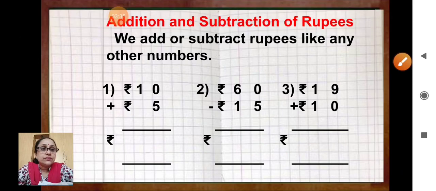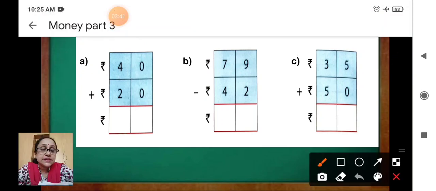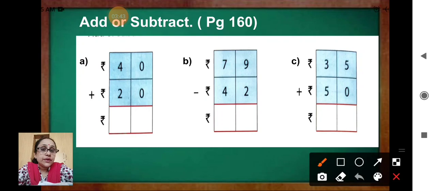Now, take out your book. Open page 160. Write today's date and write classwork. And finish the work with me. Add or subtract.